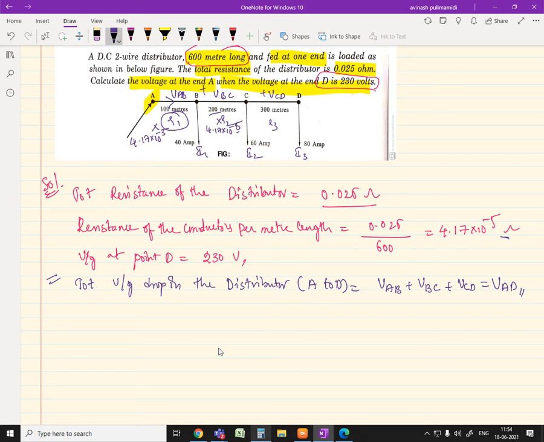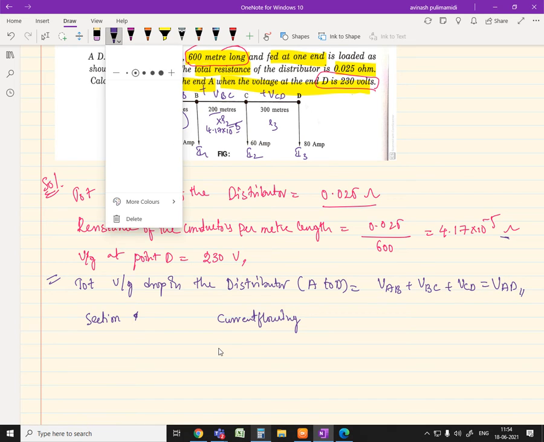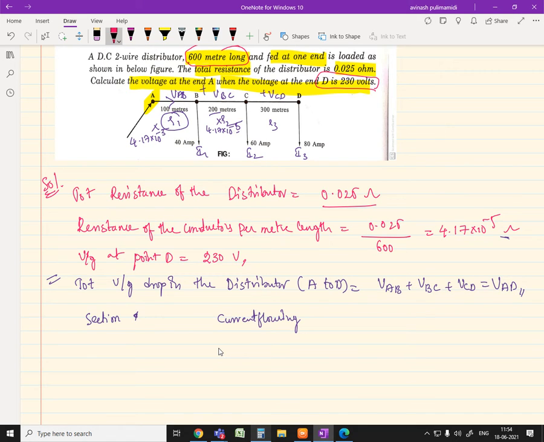So in section AB, the total current is I1 plus I2 plus I3.